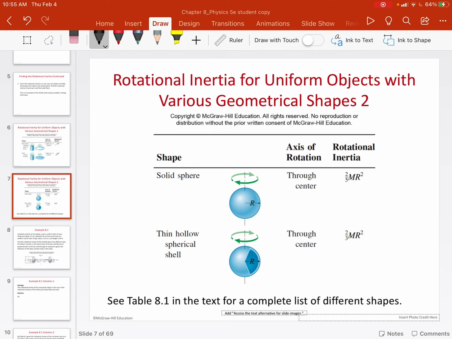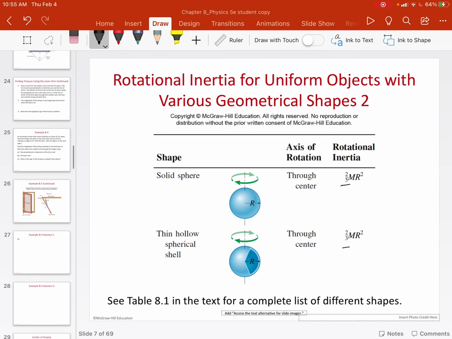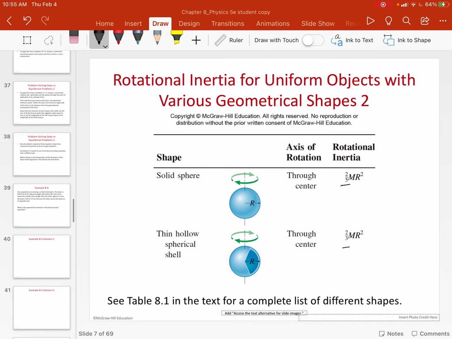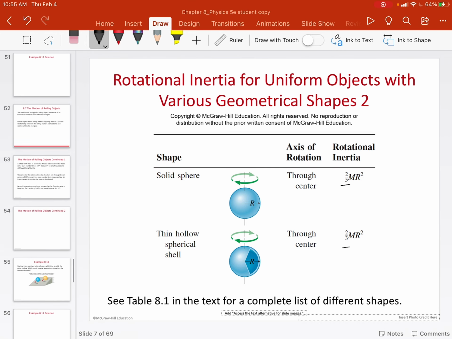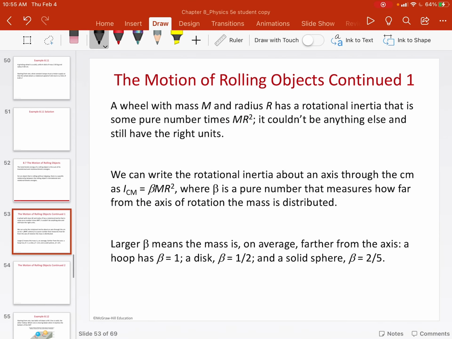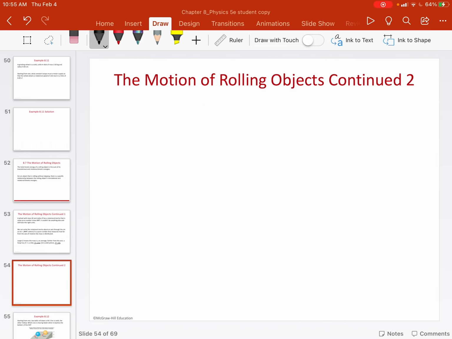For a solid sphere, it's 2/5, and then 2/3 for a hollow sphere. So here it's got a disc as 1/2, the solid sphere is 2/5, and those numbers are just the same as they are in that table.